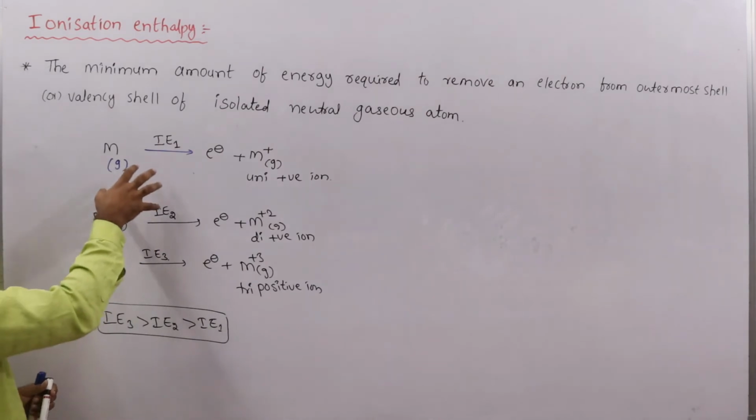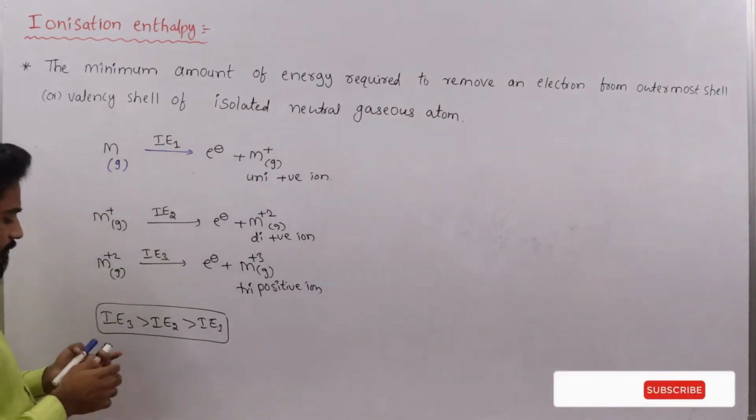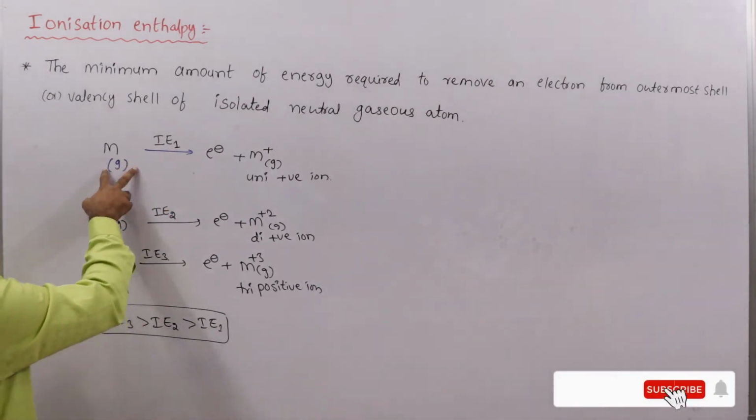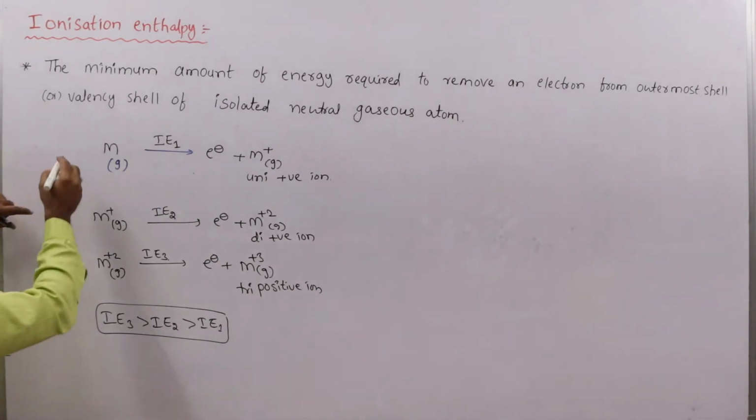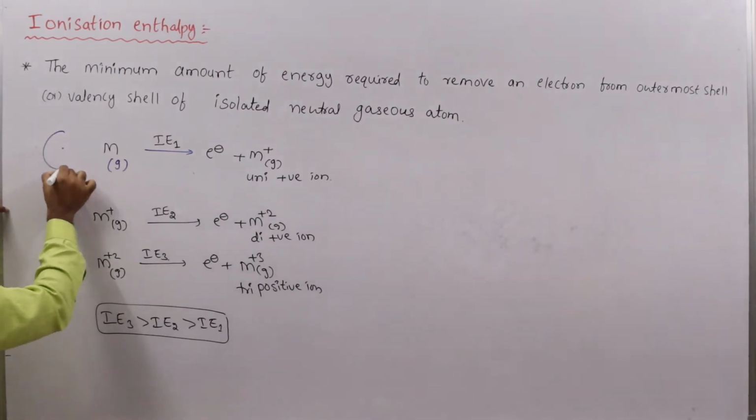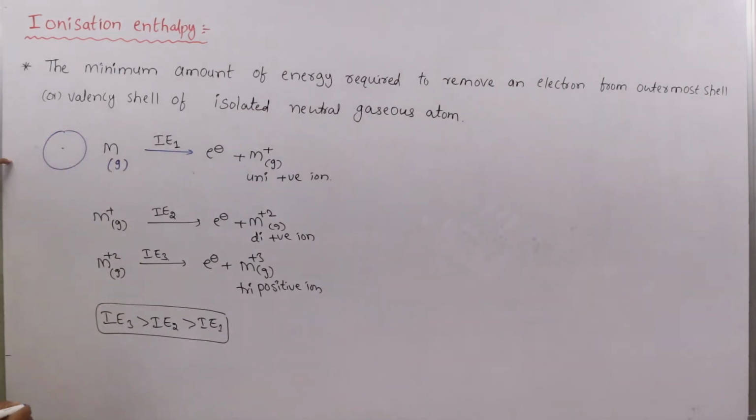Observe the species formed. M is a neutral species without any positive charge, and it is bigger in size.